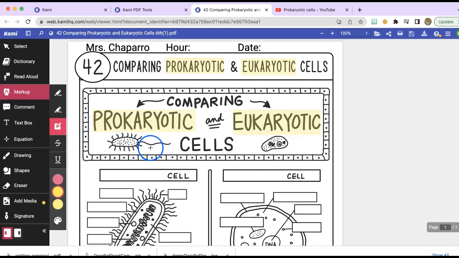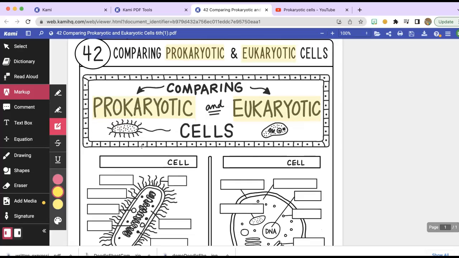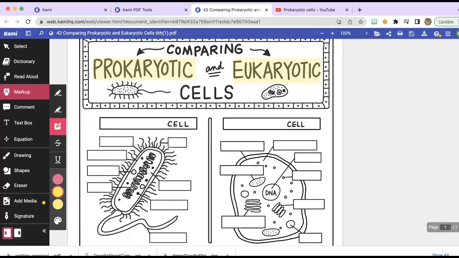It has a tail. And this eukaryotic cell looks like this. We recognize the nucleus, the mitochondria, the ribosomes from yesterday. It looks more complicated and put together than this thing with a tail over here. Okay, so let's dig into this.